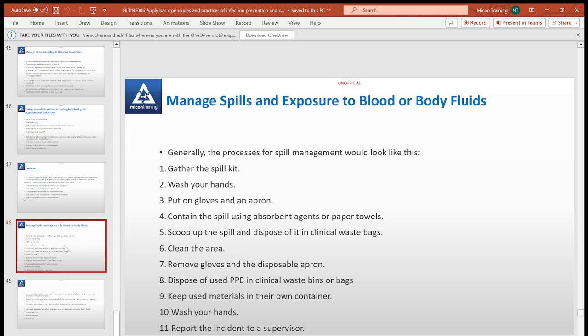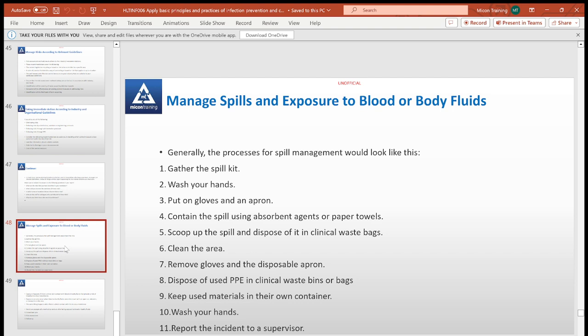We gather the spill kit, wash our hands, put on gloves and apron, contain the spill using an absorbent agent or paper towel, scoop up the spill and dispose of it in a clinical waste bag, clean the area, remove the gloves and dispose of the apron, dispose of the used PPE in a clinical waste bag, keep used material in their own containers, wash your hands, and report the incident to your supervisor.